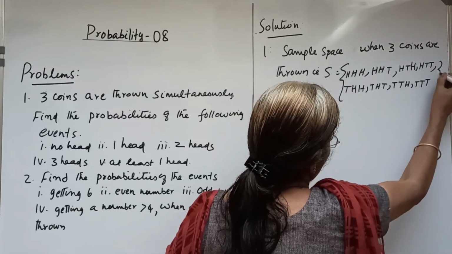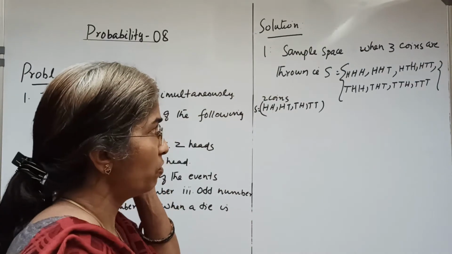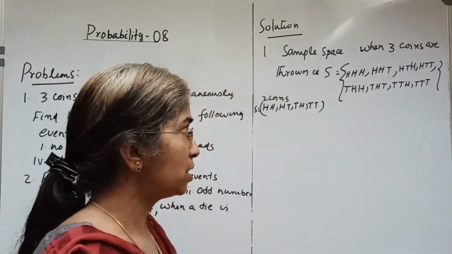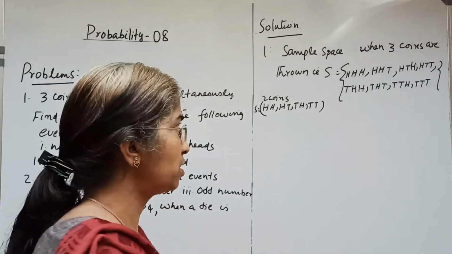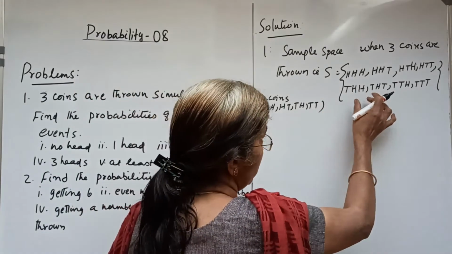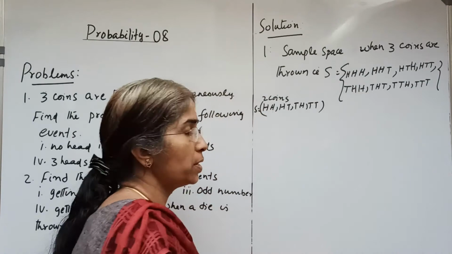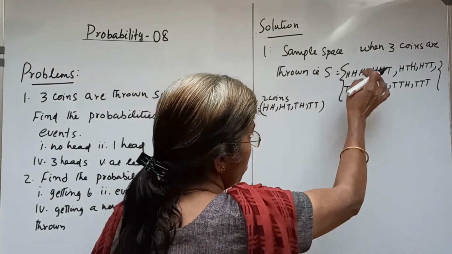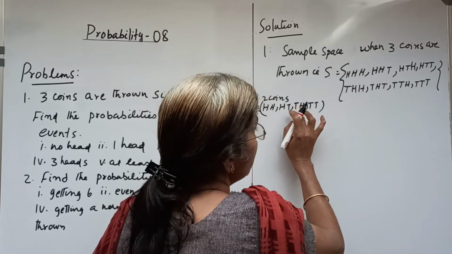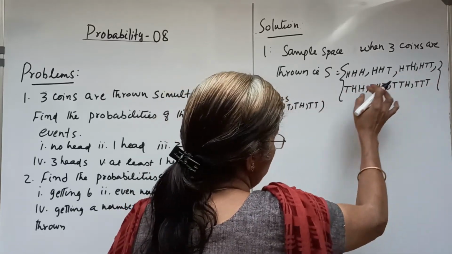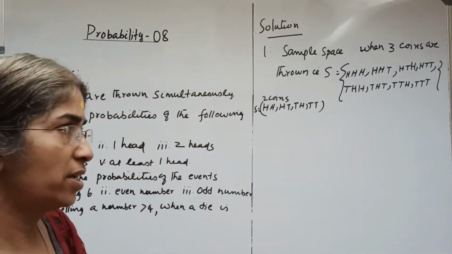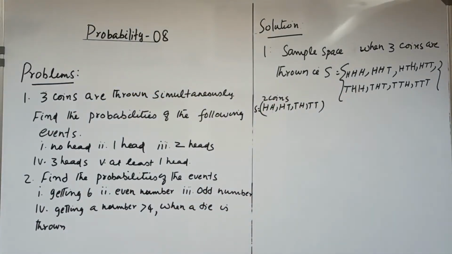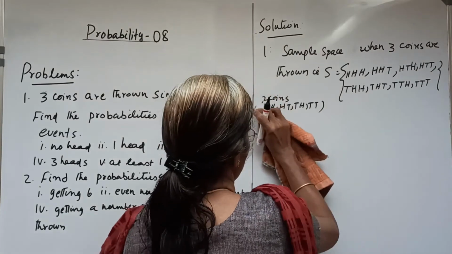What is the advantage of this? We have written all the 8 outcomes. No one is lost and no one is repeated, so that in order we have written 8 outcomes. 2 cubed equals 8 outcomes in the sample space: HHH, HHT, HTH, HTT, THH, THT, TTH, TTT.